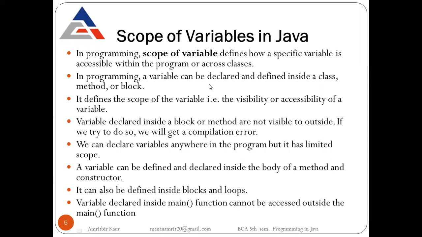So we can define our variable inside any function, known as local variables, or inside a class, known as instance variables. So scope of a variable changes as per the location where our variable is declared and defined. It defines the visibility of a variable.